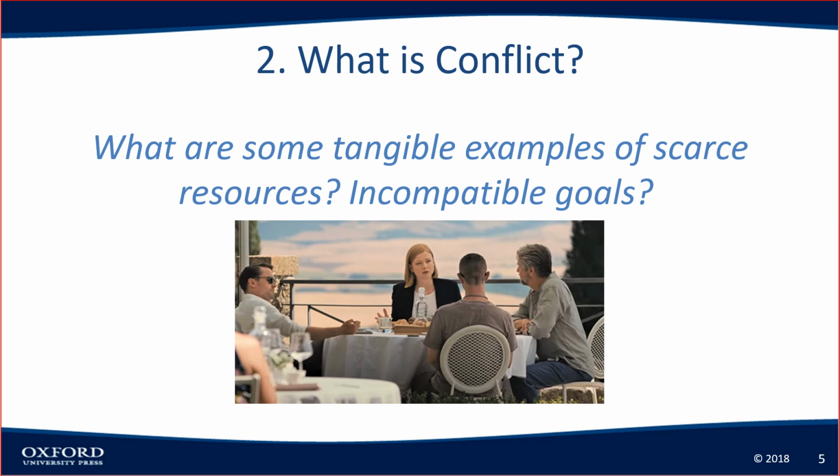So perceived incompatible goals refer to a situation where it seems as if the goals of those involved are mutually exclusive, even when that's not the case. The perception of scarce resources occurs when people believe that there is not enough of something to go around.